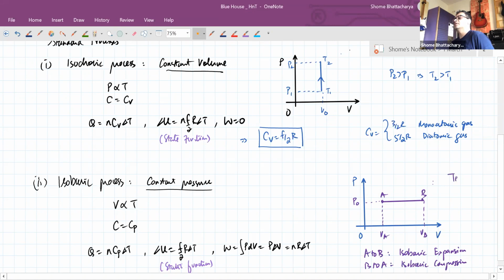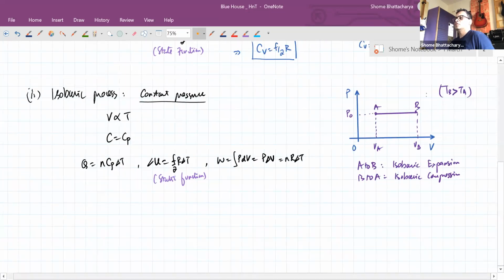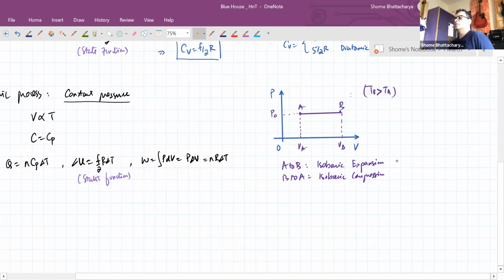You can see that temperature at B is greater than temperature at E. So in the event of our isobaric expansion, the work done by the gas would be plus of P naught into Vb minus Va, or nR into Tb minus Ta. Whereas in the case of this, the work done would be P naught into Va minus Vb, which would be a negative quantity.